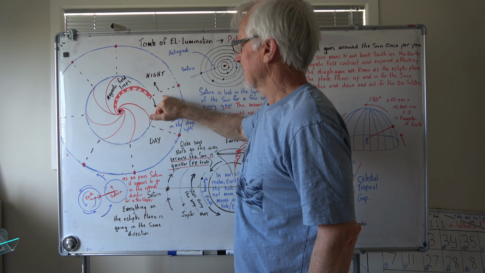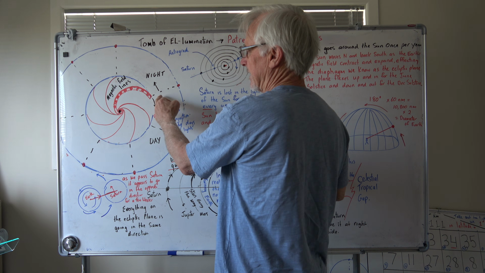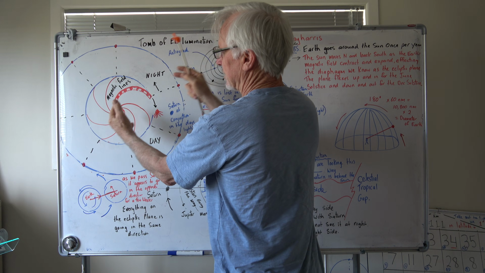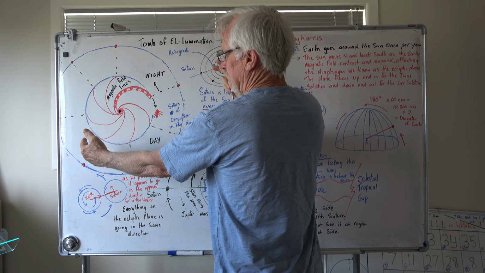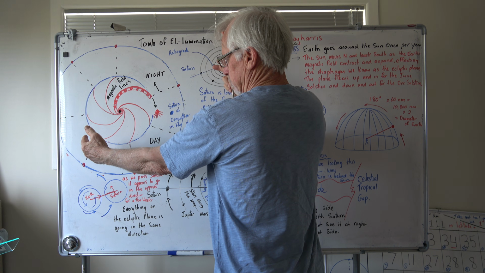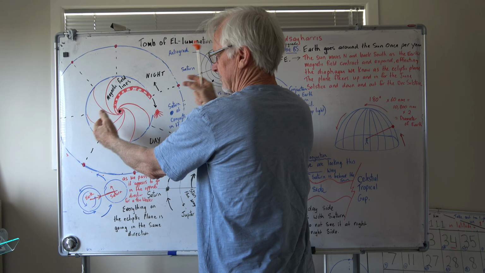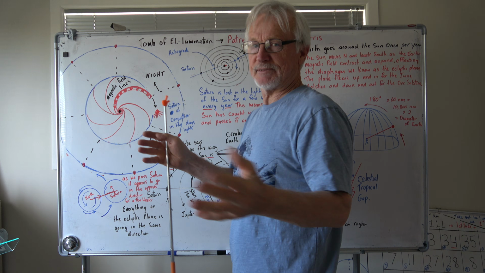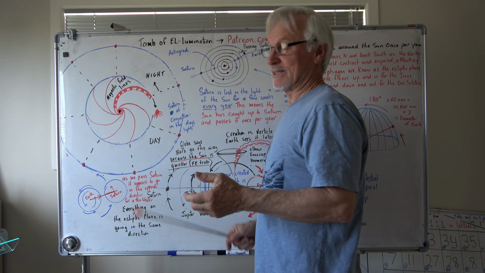Okay? And it moves in and out. Now the sun is only moving in and out because of magnetic contraction and expansion. The whole Earth moves in and out. Nothing is actually physical. Humans can't get their head around that, but that's reality, okay?